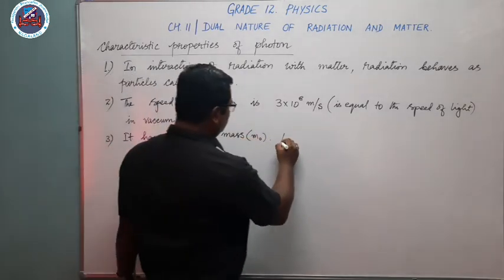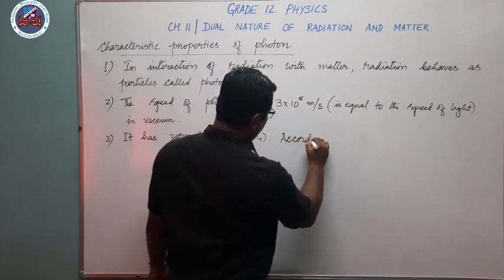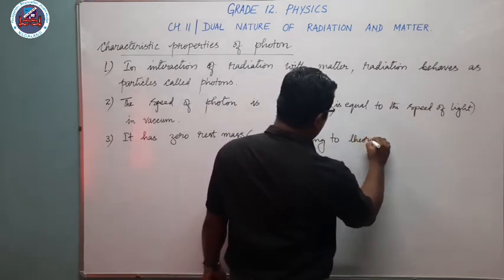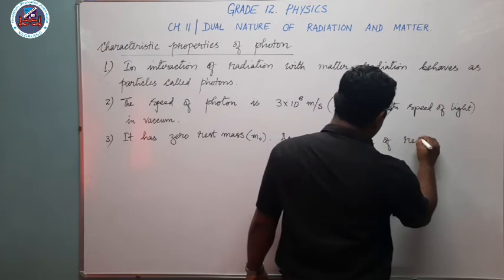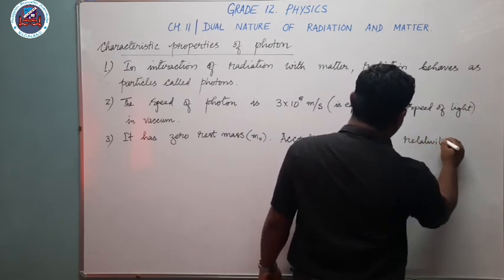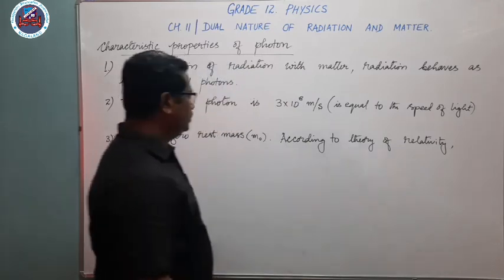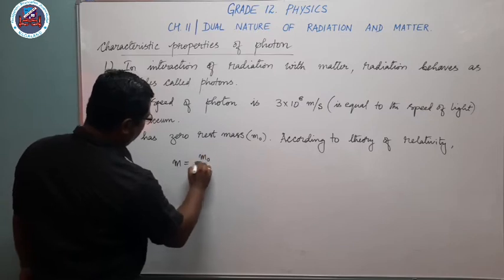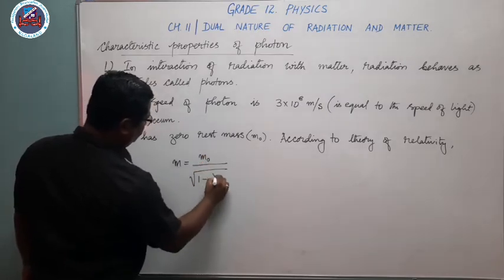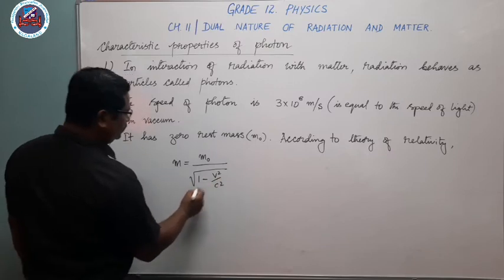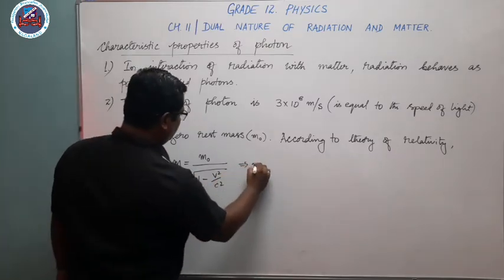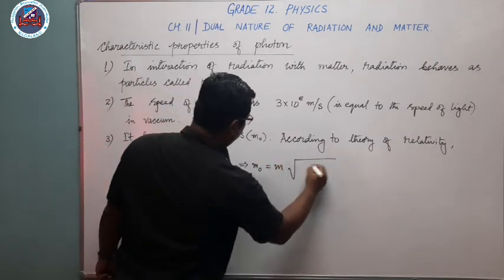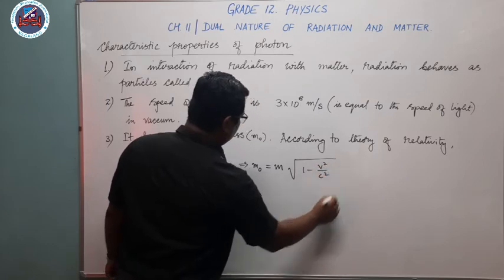According to the theory of relativity, the mass of a substance when it is in motion, mass m, is given by the rest mass divided by root over 1 minus v square by c square. So with this, you can get m naught is equal to the inertial mass m multiplied by root over 1 minus v square by c square.